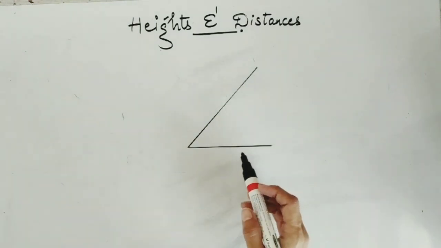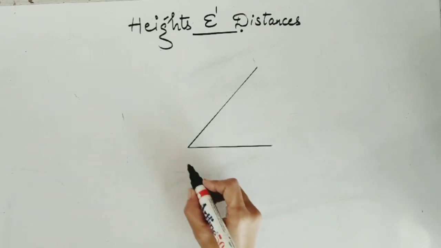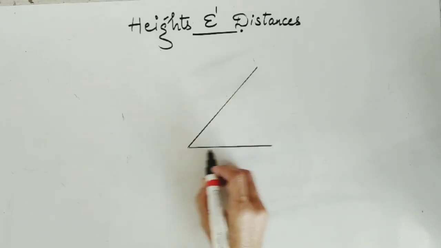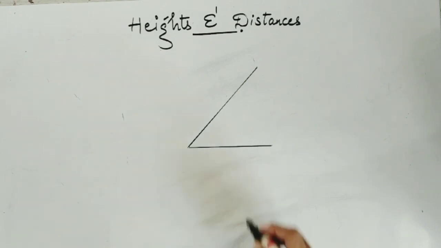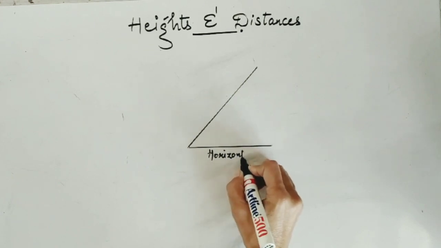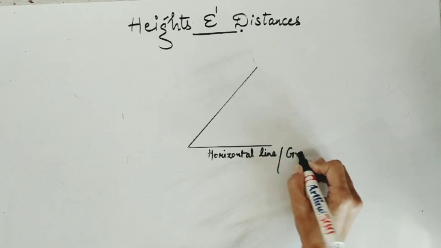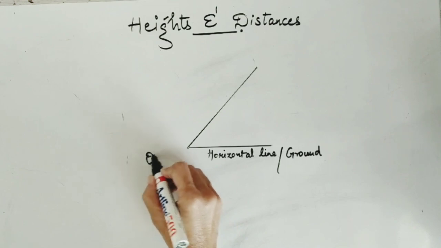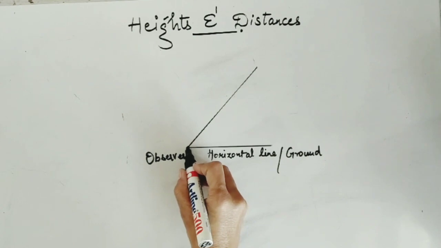Look at this. You observe an angle over here. What exactly is it? Suppose this line which is marked here is representing horizontal. This is a horizontal line and we call it ground. Suppose the observer is looking at an object.